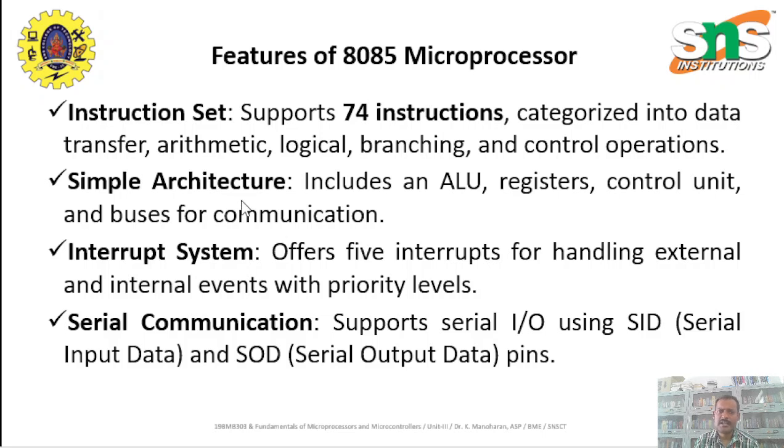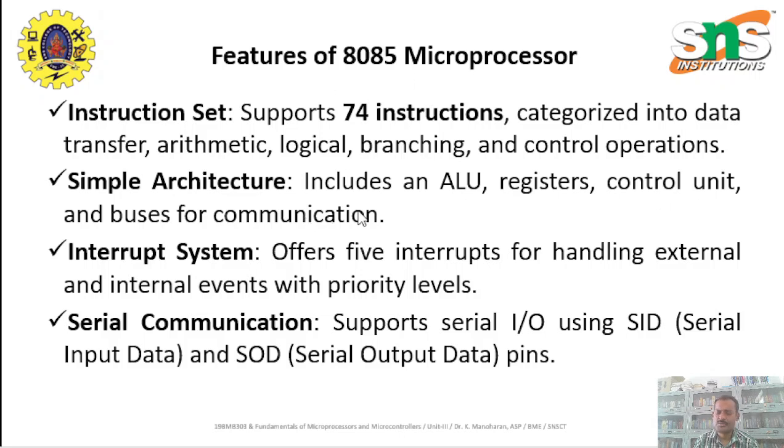Similarly, arithmetic instructions like addition, subtraction, increment, decrement; so many arithmetic operations we can perform. Here it is not possible to perform multiplication and division; only addition, subtraction, increment and decrement are possible. Similarly, logical operations like AND, OR, XOR, everything we can perform using this microprocessor.